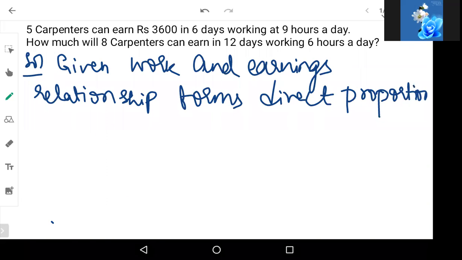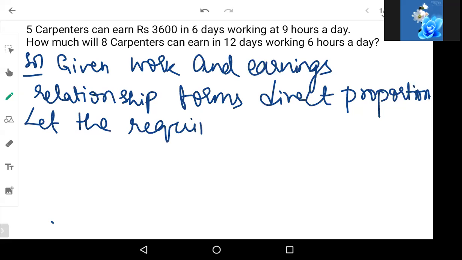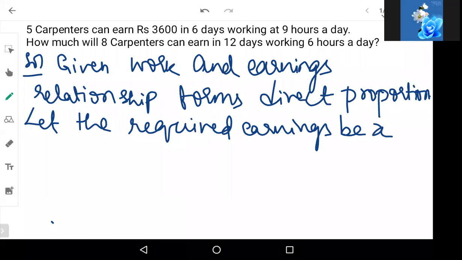So be careful, understand the problem and define the proportion. Then, let the required earnings be X. Now, what are we supposed to find? We are supposed to find how much eight carpenters will earn. So we are supposed to find the wages or the earnings. So let the required earnings be X.